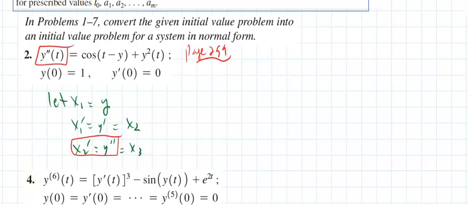So if I replace that equation by what's given, I know that x1 prime is x2. It's right there.